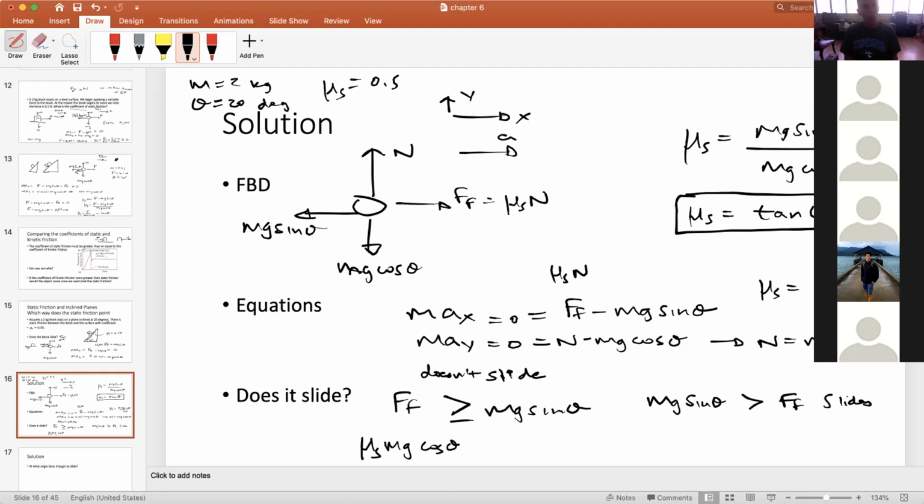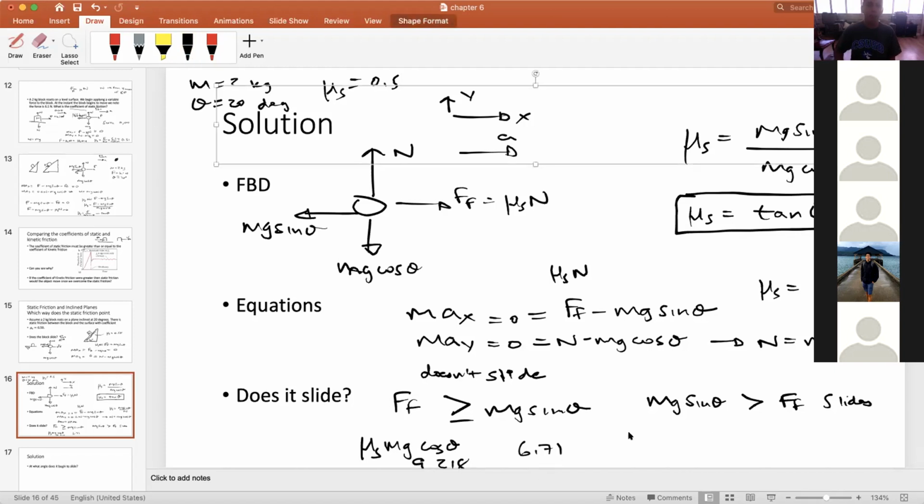That is 0.5 times 2 times 9.81 times cosine of 20, and I get 9.218. And then what is mg sine? 2 times 9.81 times sine of 20, 6.71. It can't slide.